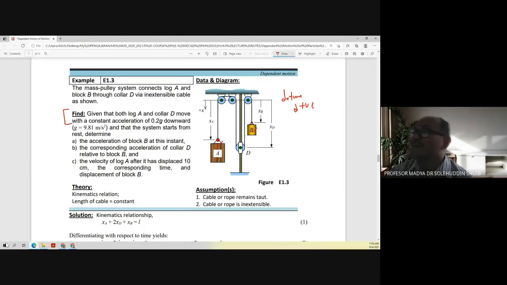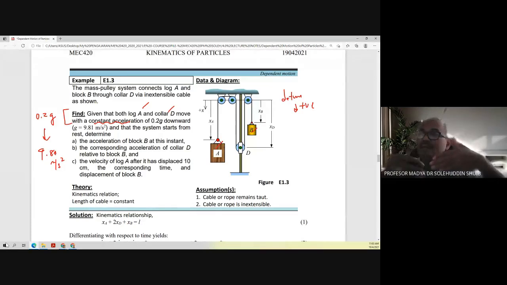Both block A and collar D move with a constant acceleration. The keyword there is constant acceleration, 0.2 g, where g is 9.81 meter per second square, and the system starts from rest, so initially not moving.